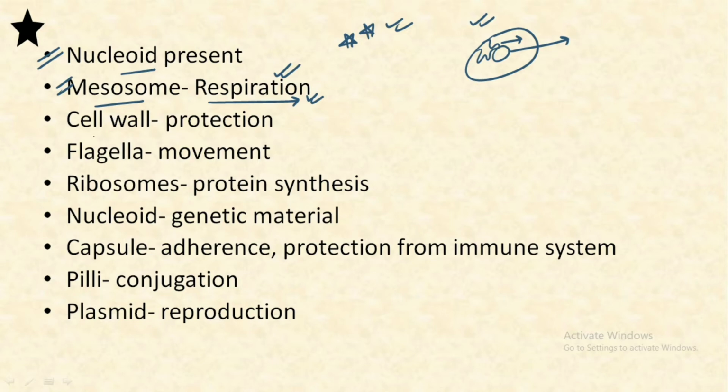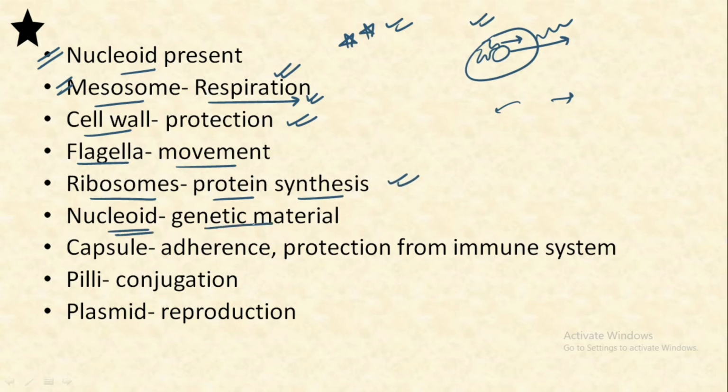Then we have the cell wall, which provides protection to the bacterium. Then we have the flagella, which helps the bacteria to move from one place to another. Then we have ribosomes performing protein synthesis. Then we have the nucleoid, which is the genetic material, and then we have the capsule, which helps first in adherence.